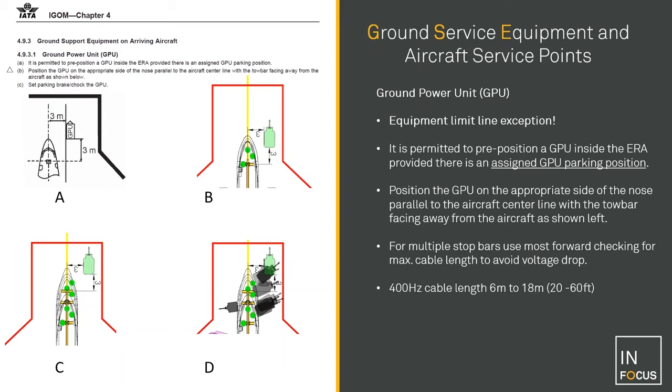The IATA ground operations manual does say here, as you see in this top text on the left-hand side extracted from the manual, that it is permitted to pre-position a GPU inside the ERA, provided there is an assigned GPU parking position.